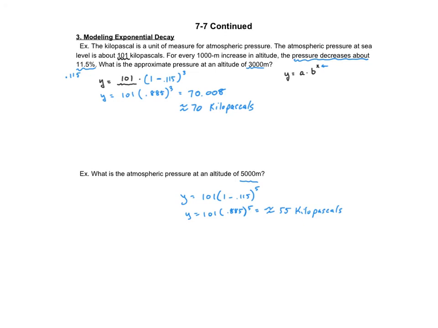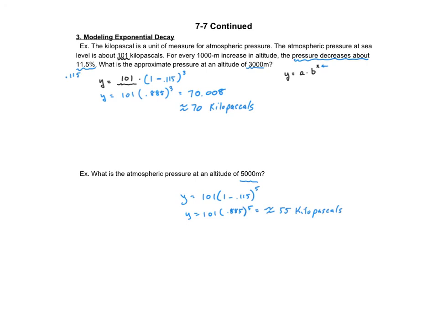And so as we go through this, we talk about the difference between exponential growth and exponential decay. Well, the exponential growth is when I am taking the value that I have, 100% of that initial value, and I'm adding something to it. Whereas decay is I'm taking 100% of what I have and taking something away from it.